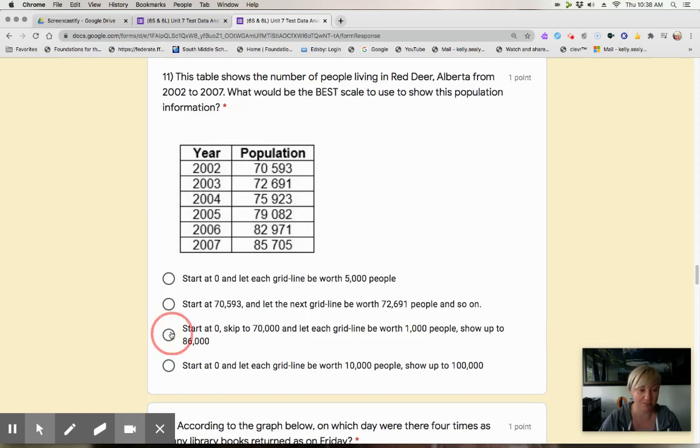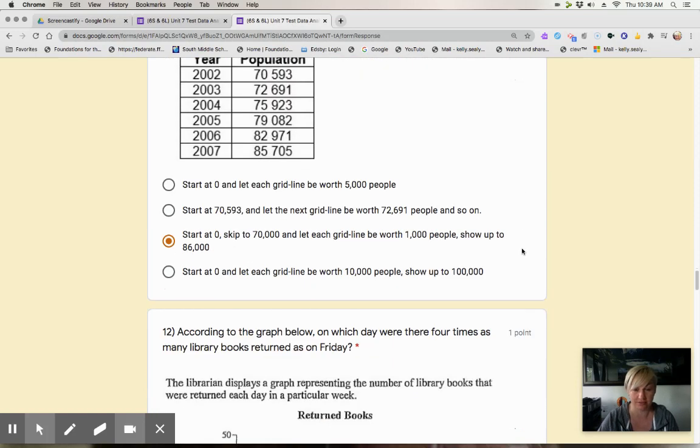That is described by this selection here. You start your axis at 0, skip to 70,000 so that you don't waste all of those grid marks, and then you can go up by 1,000 each time and put all these numbers on there. So the third selection is the correct answer for that one.